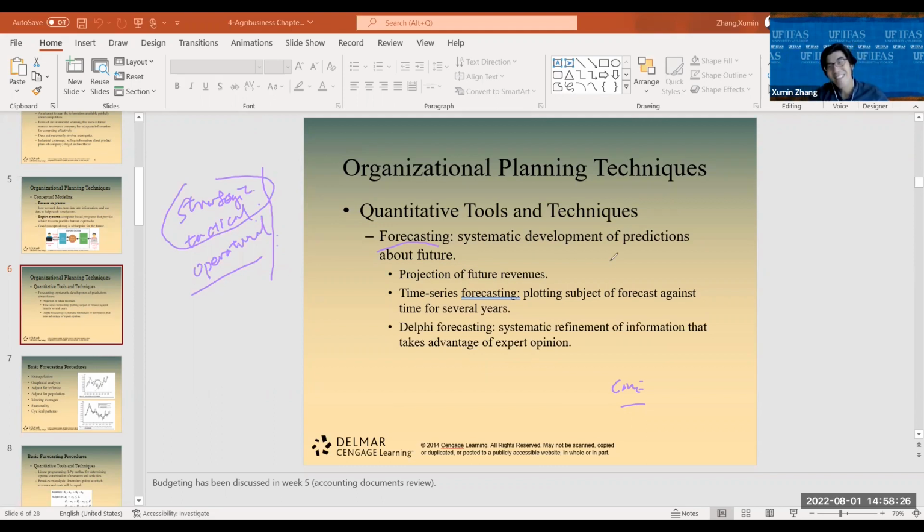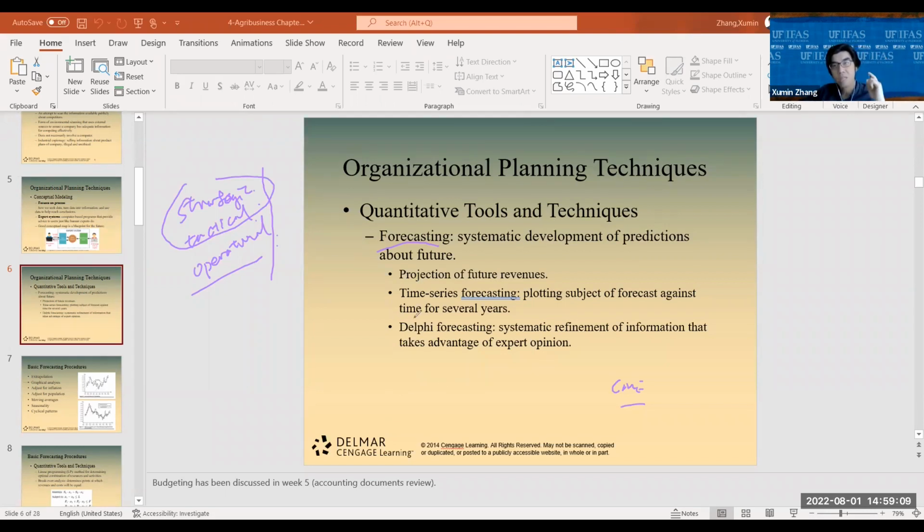This is immediately, you see, the income statement, or we call it the profit and loss statement, and the balance sheet. So we predict, all right, forecasting our future sales, future revenue. But if we talk about the income, if we talk about the balance sheet, this becomes the budgeting, financial report, accounting documents. On the next slide, I will show you some very specific forecasting tools.